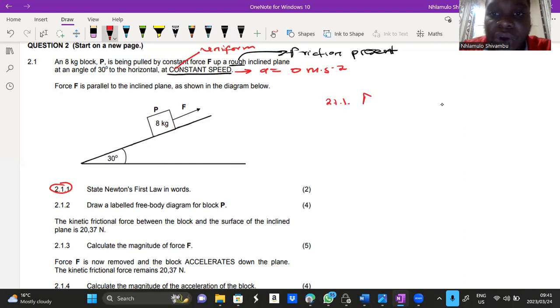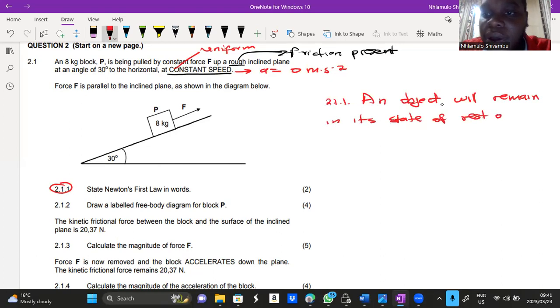It states that an object will remain in its state of rest or state of motion unless acted upon by a non-zero force.